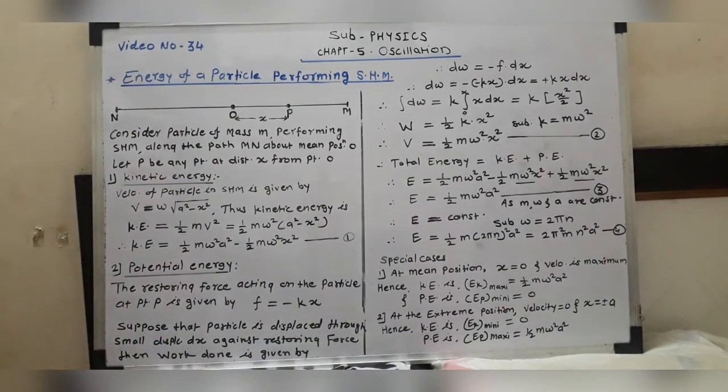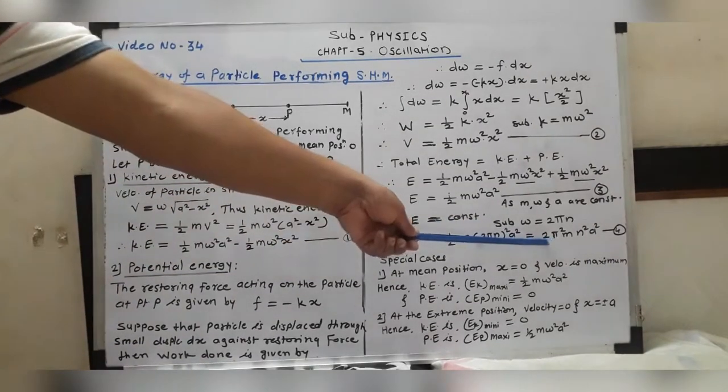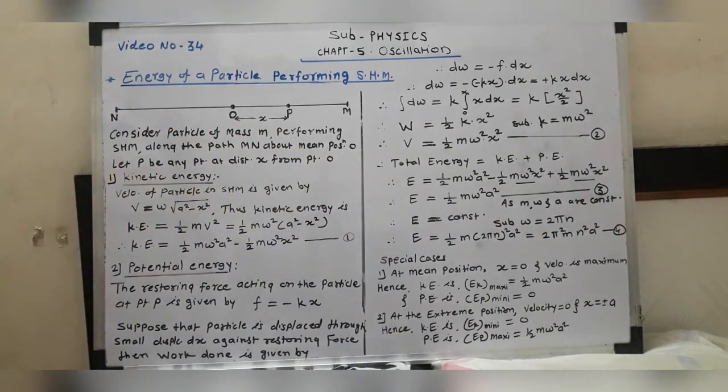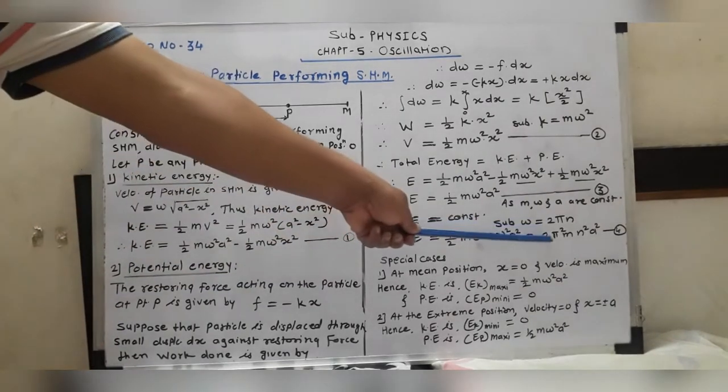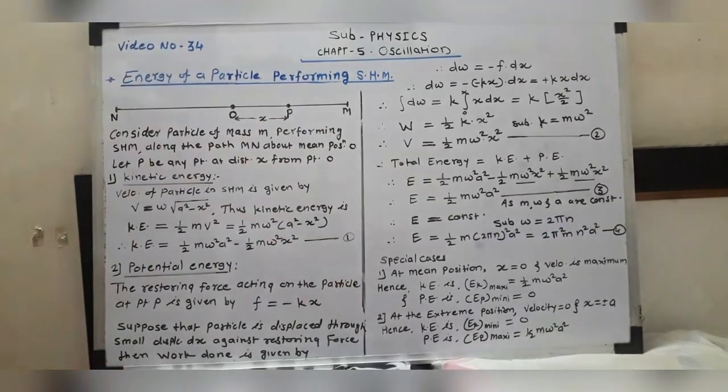Then taking the square of this 2 pi n, 4 pi square n square, simplest form. Then the remaining term, E is equal to 2 pi square m n square a square, and this is the equation number 4. E is equal to 2 pi square m n square a square.